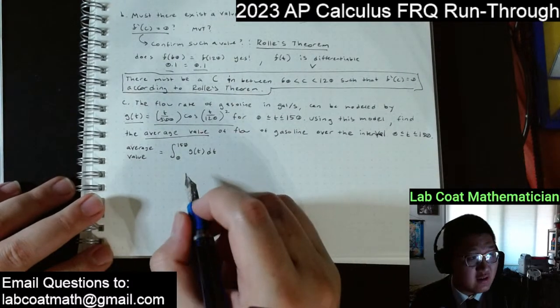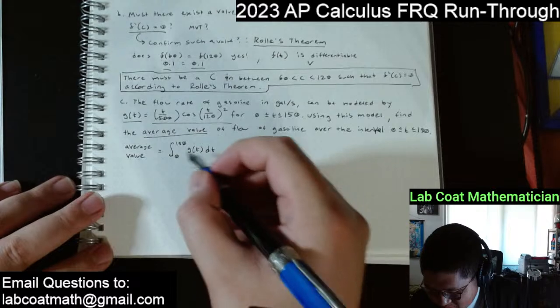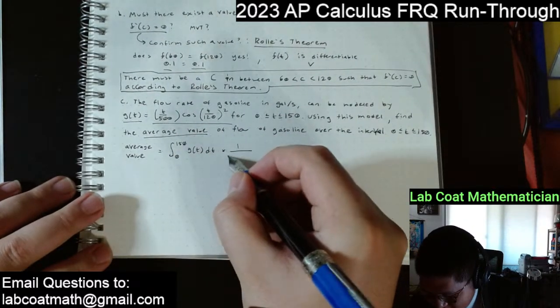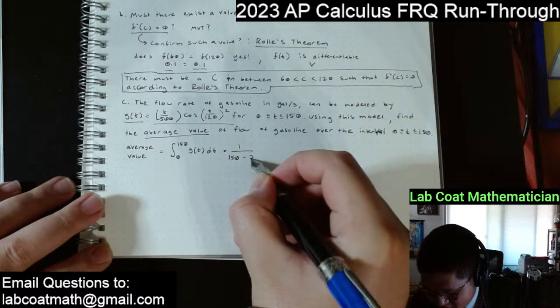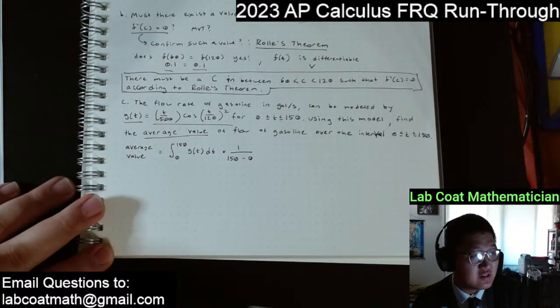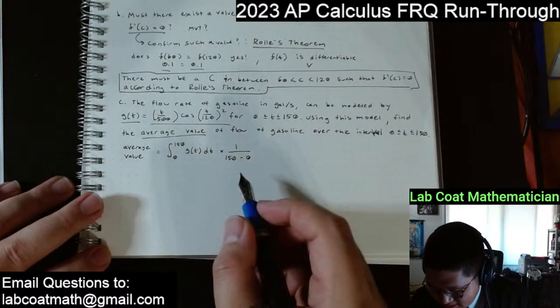But we cannot forget that we are then multiplying all of this by the coefficient of 1 over the difference of the time interval, because we're dividing by the amount of time that was spent to get the average value across the entire function.